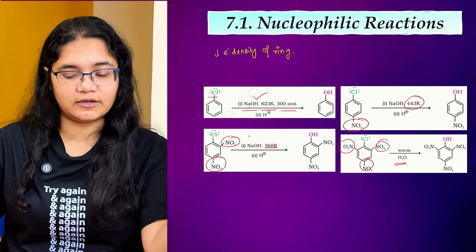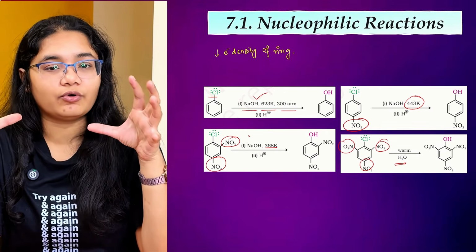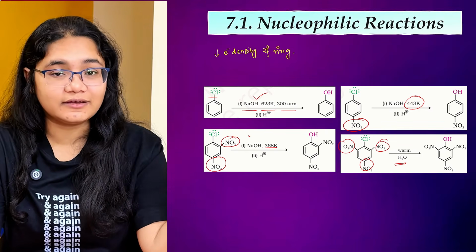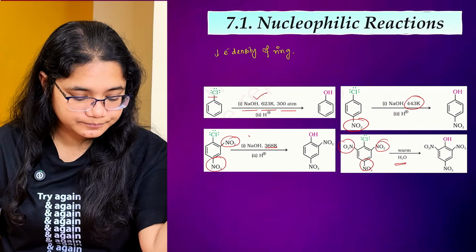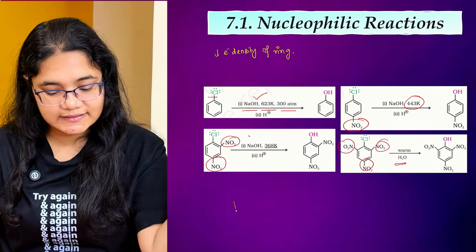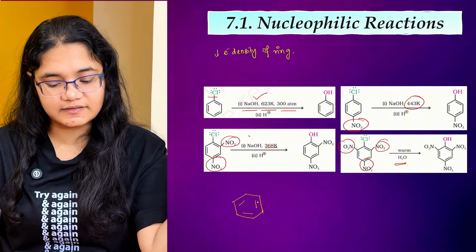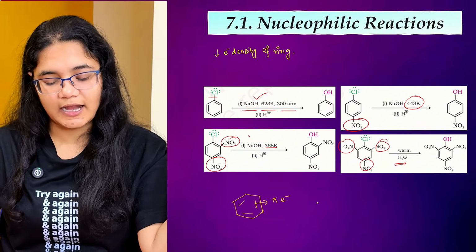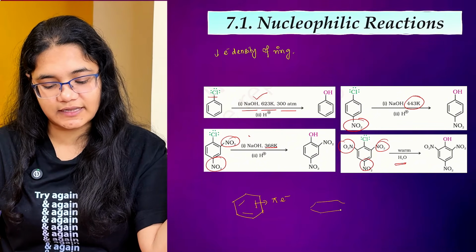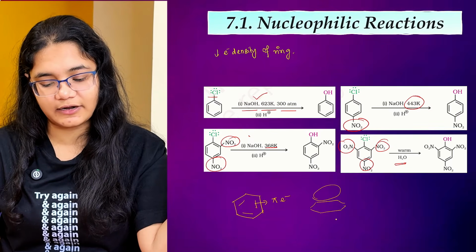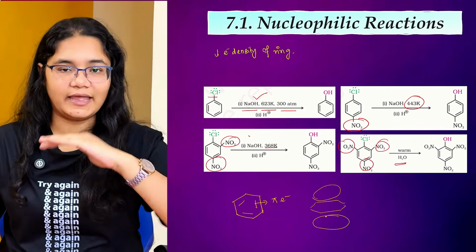So what is the point here? Why, on adding electron withdrawing groups, does the reaction rate increase? This is very simple. If you see the structure of benzene, it has these pi electrons. Imagine the structure: on the top we have an electron cloud, and at the bottom we have an electron cloud.